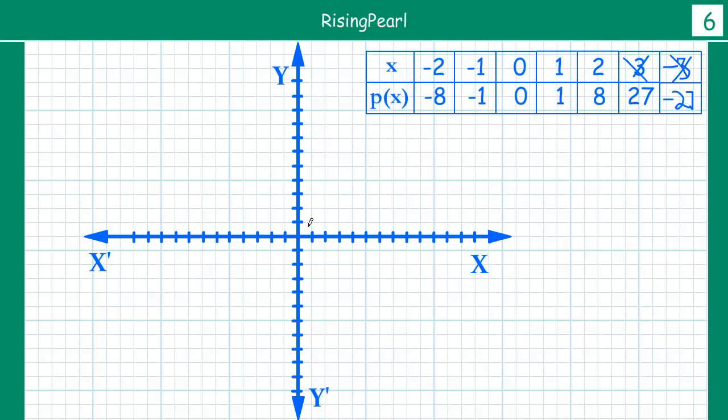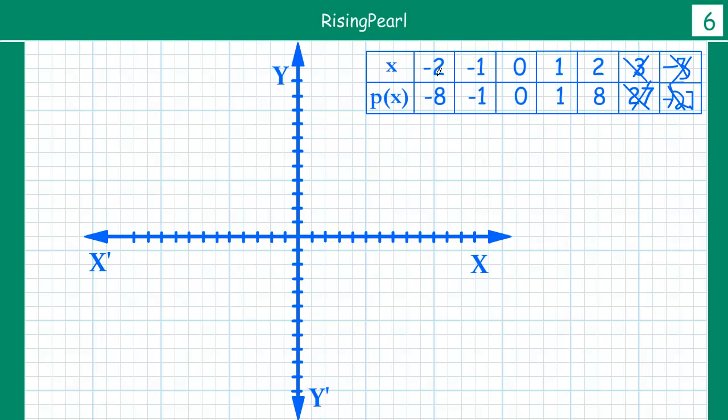We have 1, 2, 3, 4, 5, 6, 7, 8, 9, 10, 11, maybe 12, 13. So we have 14 units, and similarly 14 units on the downside. We would not be able to show 27, so these 2 points we cannot use.